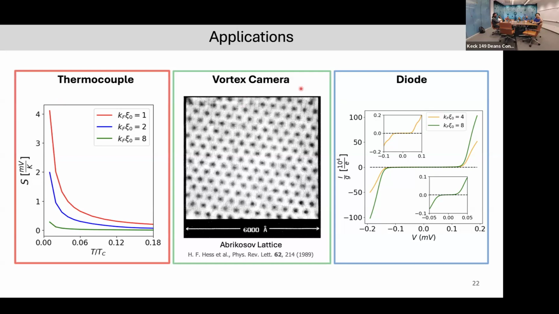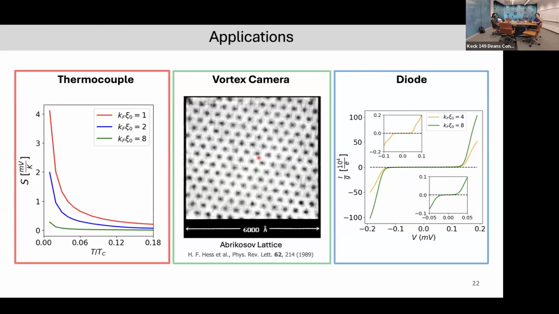This is another interesting application that we can get out of this. It's a vortex camera. The idea here is, let's consider a single vortex. If there is a vortex and a single photon excites it, you can measure the response in the form of a voltage bias generated across the junction.